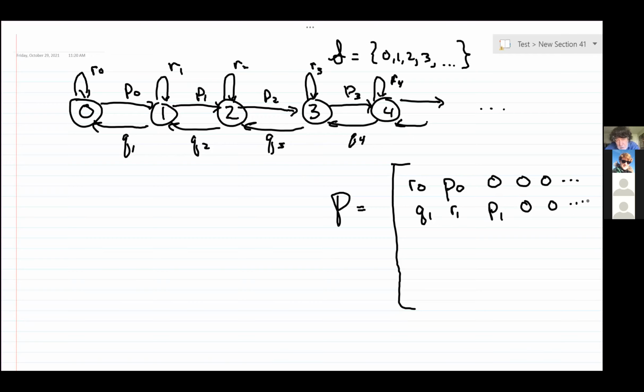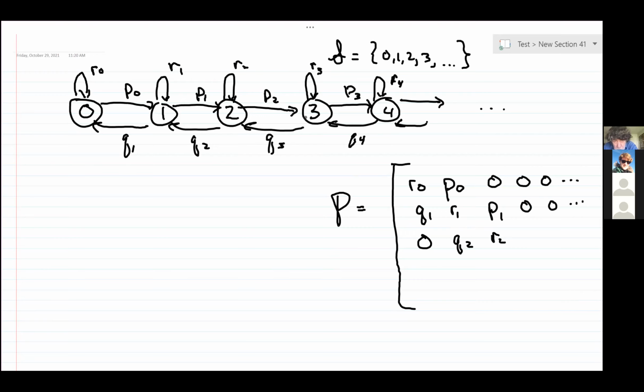Remember, the P matrix is the one-step transition probability matrix. So it's the probability of going from any state to any other state in one step only. What about from 2? Well, from 2, you can't get to 0 in one step, so that would be 0. You could get to 1, so that would be Q2. You could stay at 2, that would be R2.